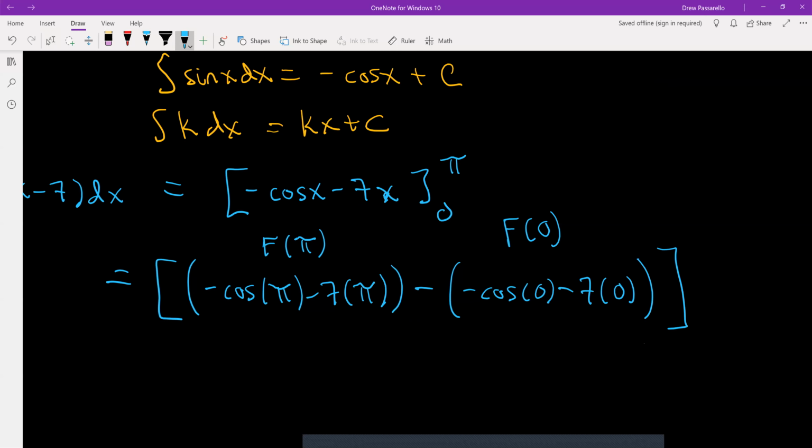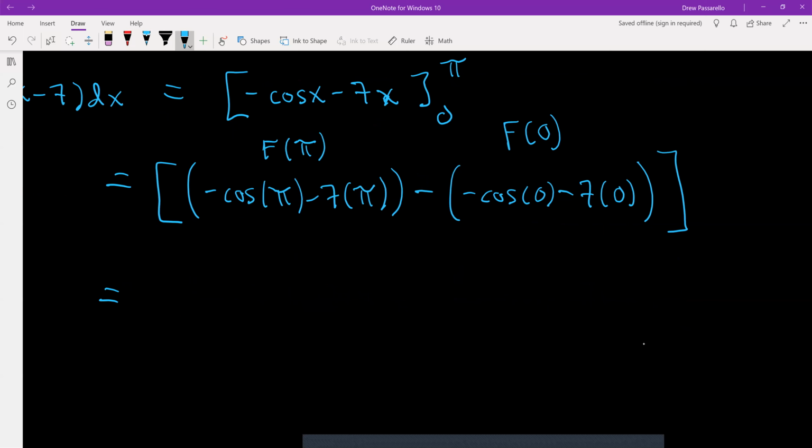Okay, so what is cosine of pi? Cosine of pi is -1. So this is really negative times -1, which is positive 1. And then we have minus 7 pi. And then cosine of 0 is 1, so this is -1.